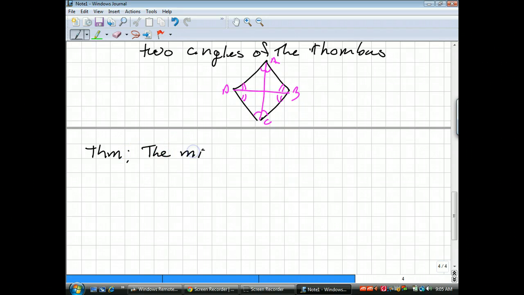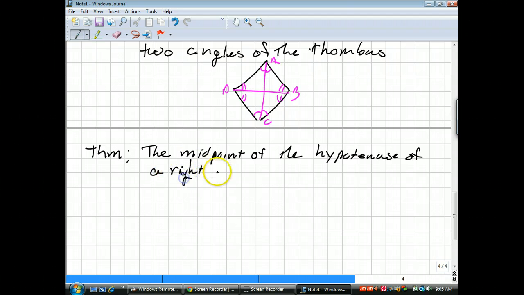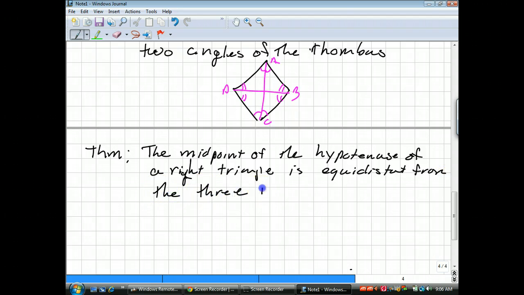And then the next theorem actually comes from the idea of a rhombus, but it says the midpoint of the hypotenuse of a right triangle is equidistant from the three vertices.